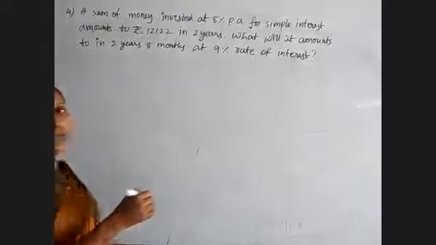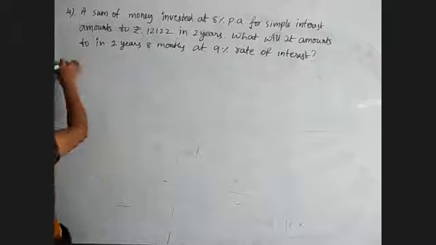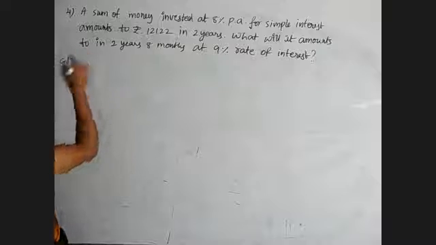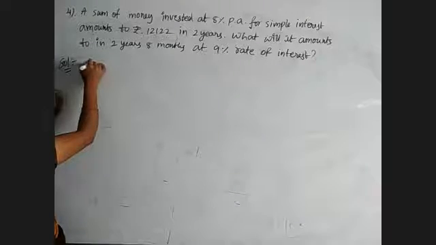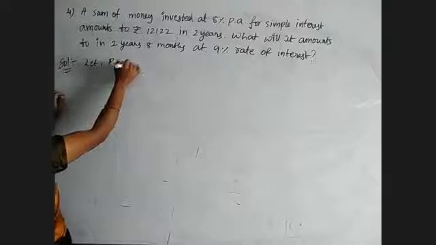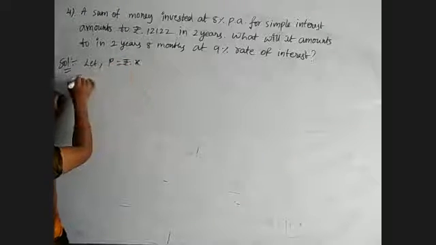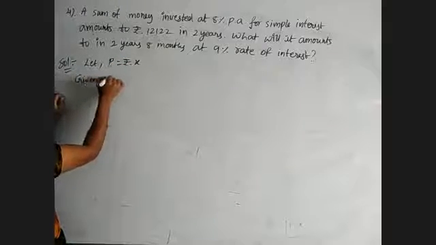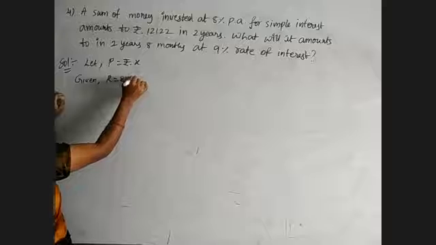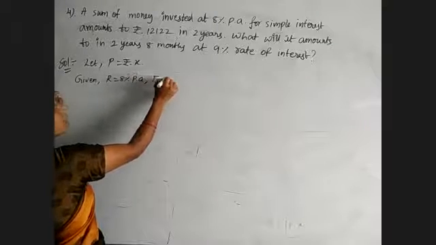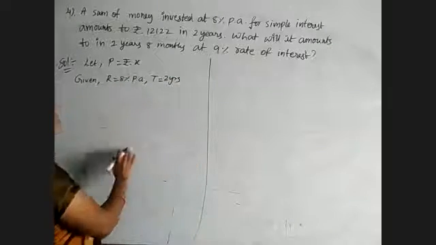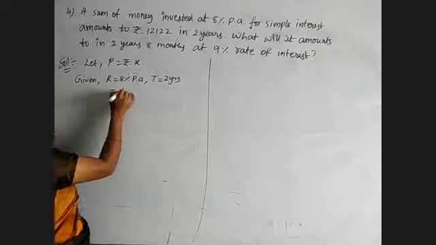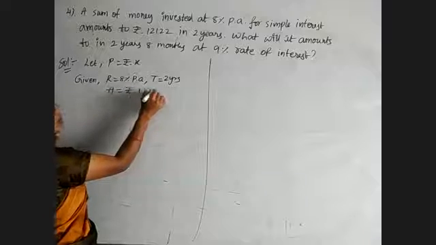Okay, now I hope you will understand. So just observe the question. In the first condition, we need to find out the principal value. So let the principal be X rupees, and the given values are R equal to 8% per annum, T equal to 2 years, and amount equal to 12,122 rupees.